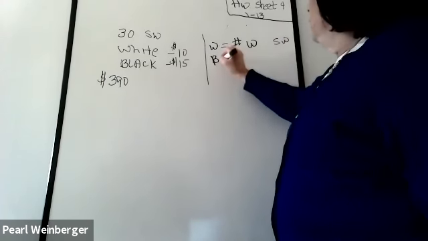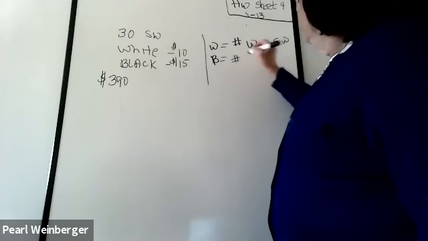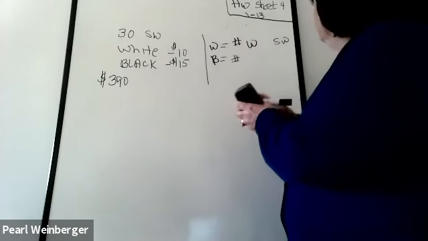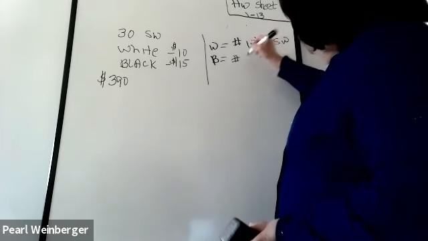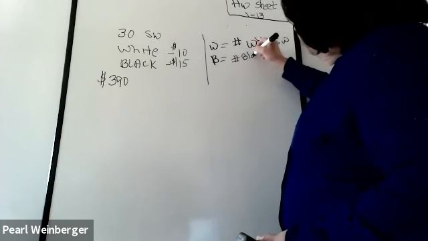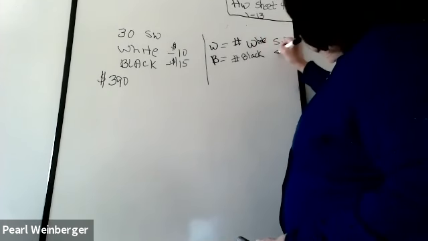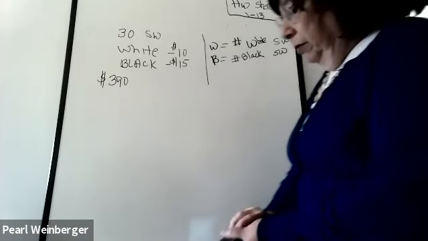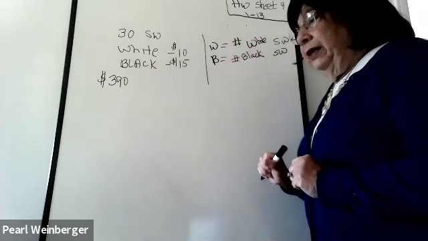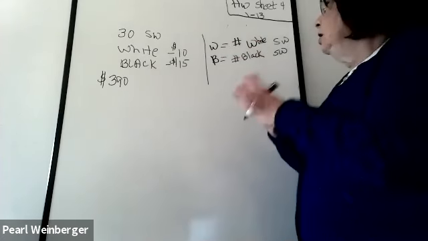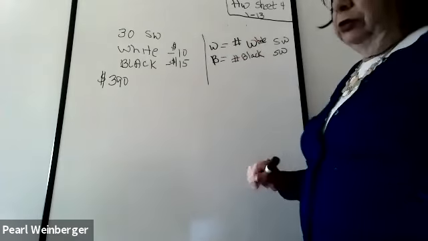And let's call B the number of black sweatshirts that were sold. Okay, here's my legend. I have W for the number of white shirts, B for the number of black shirts.